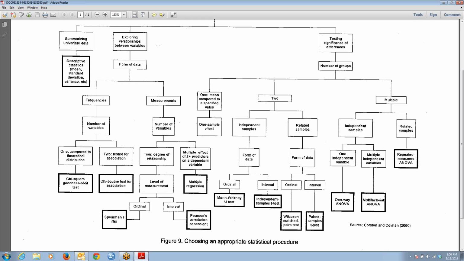But I actually think that just through listening to this mini lecture and doing the quiz afterwards, I really do feel that you'll have a sense of, okay, you can give me a research question, and I'll look through this decision tree and I'll tell you what statistical procedure to follow to answer the question.